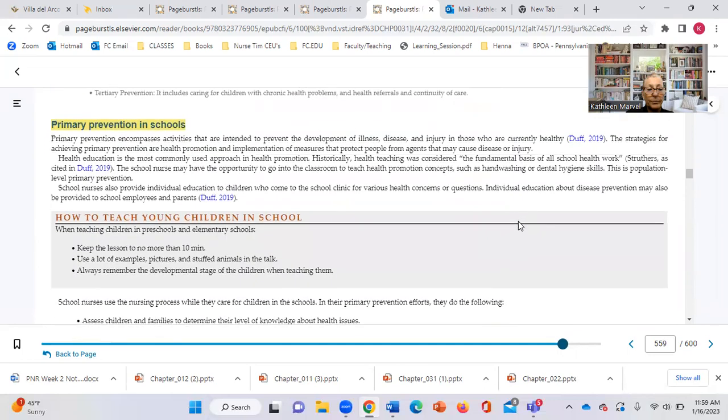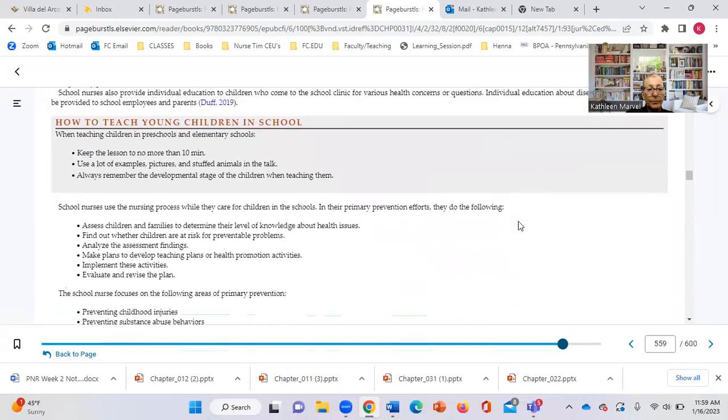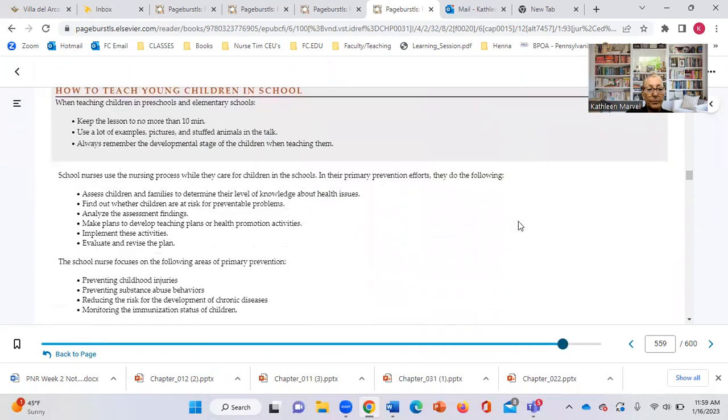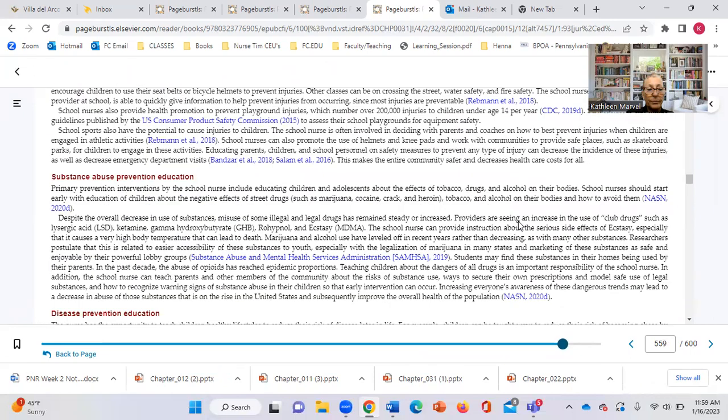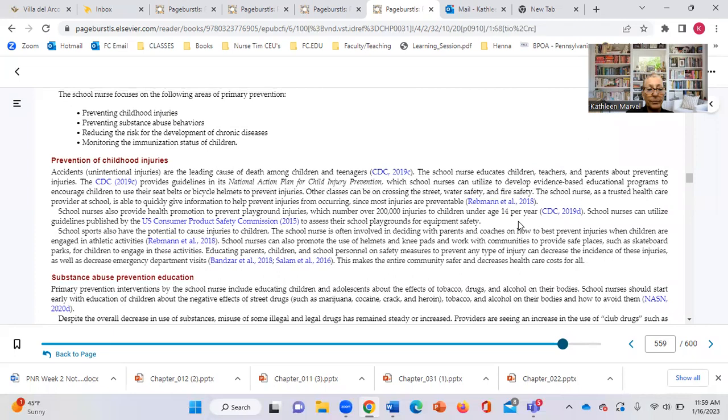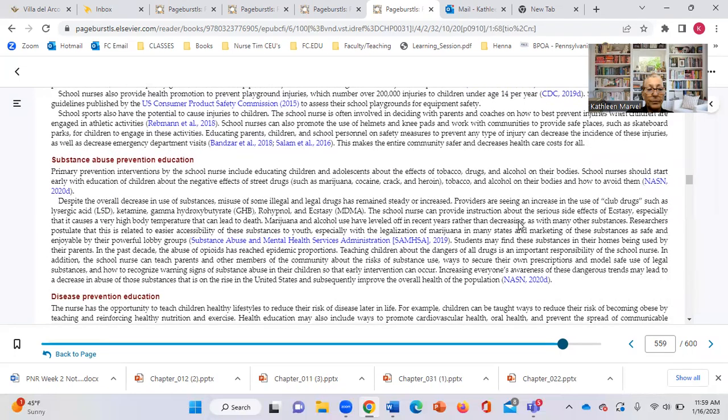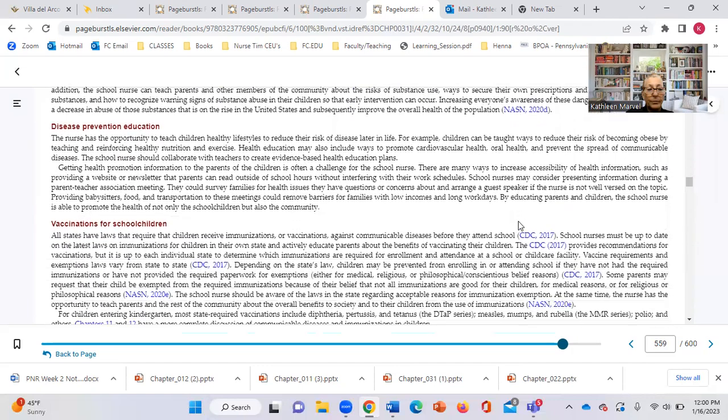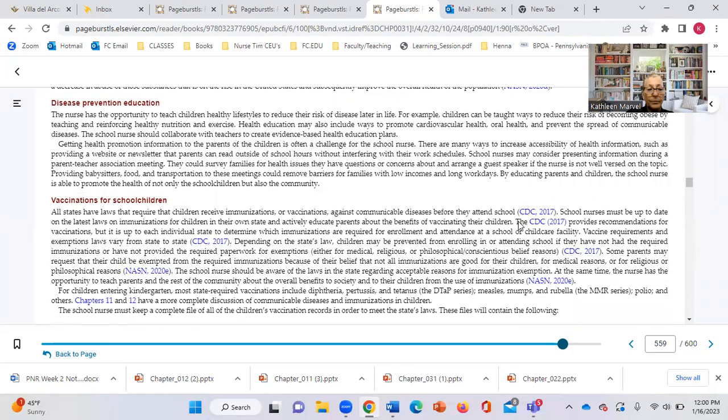So here's your primary prevention in schools: preventing childhood injuries. Substance abuse prevention education is another good example of a primary intervention. Disease prevention, vaccinations.